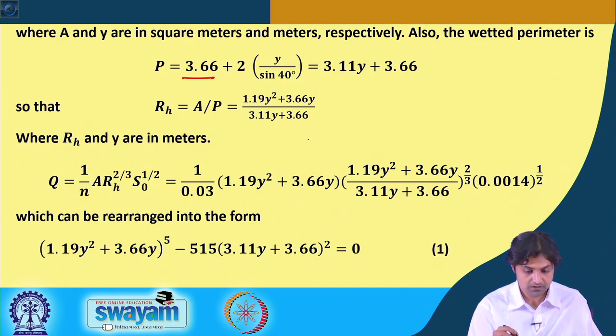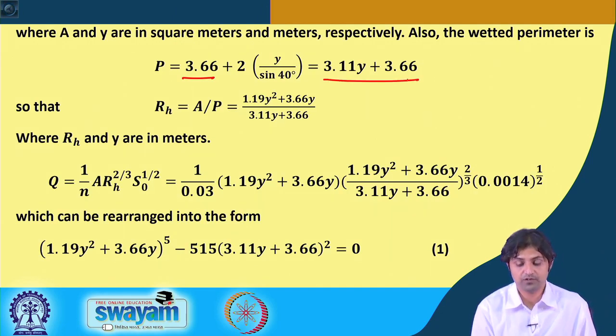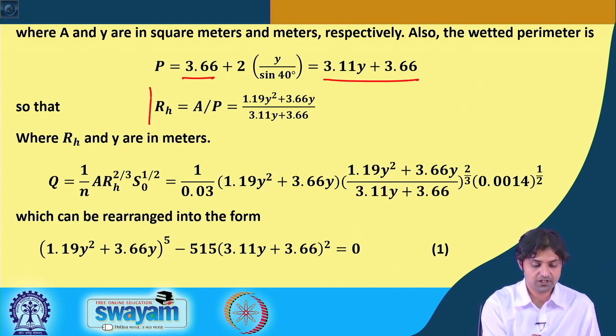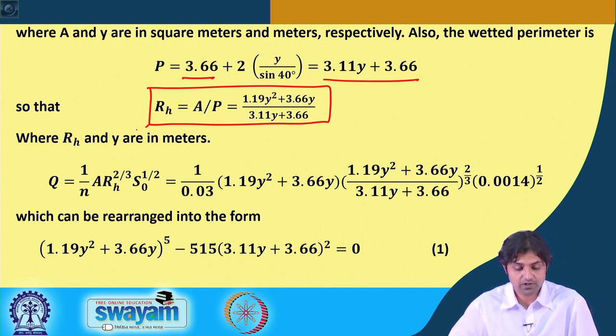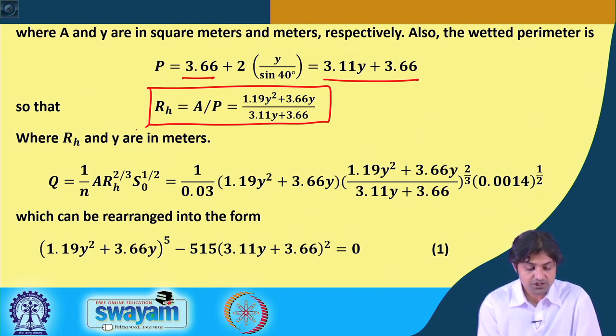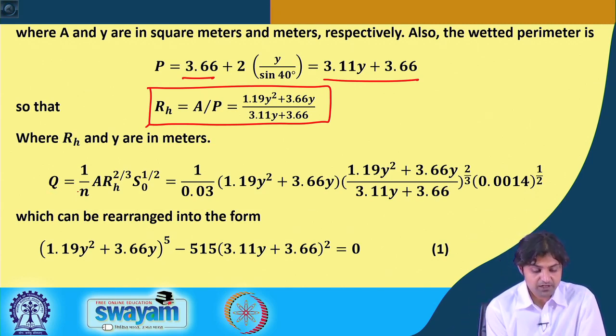This is what we have done. In terms of y, we have also written the perimeter as 3.11 y plus 3.66. So the hydraulic radius will come as area by perimeter, that is 1.19 y squared plus 3.66 y divided by the perimeter. Okay. The discharge according to Manning's equation is given by 1 by n, where n is given as 0.03.